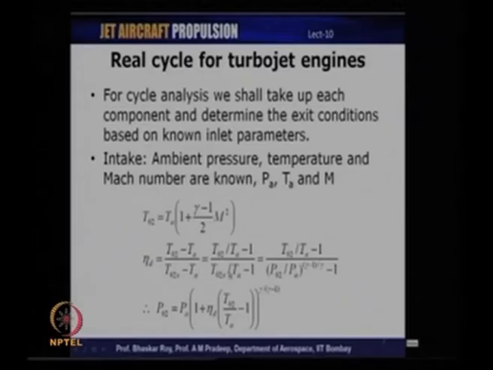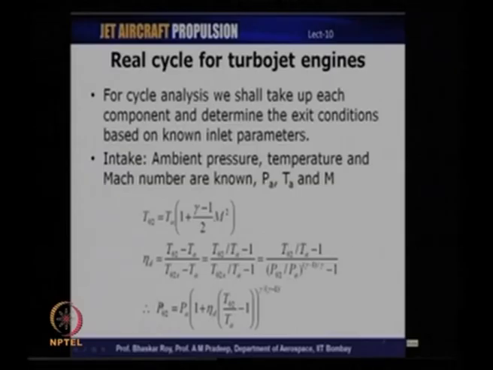The temperature ratio in the denominator can be converted to the corresponding pressure ratio, which is P02 divided by Pa raised to gamma minus 1 by gamma, from the isentropic relation. So, we now have a relation between the diffuser efficiency, the stagnation temperature and the stagnation pressure.